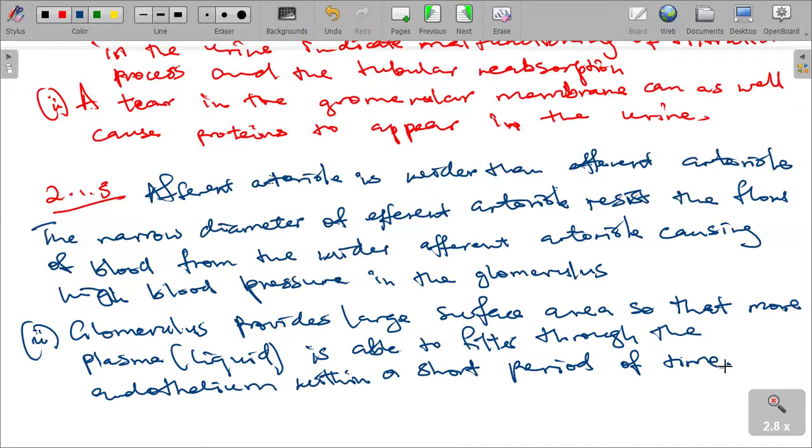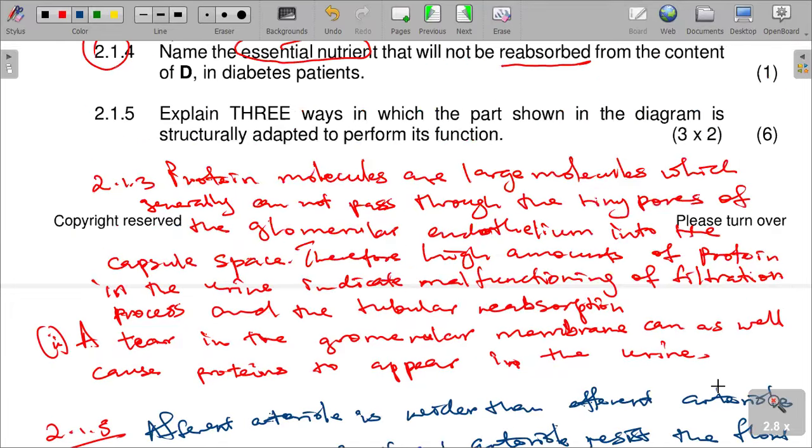So that is how this question must be answered. Don't forget that the question is saying, ways in which the part shown in the diagram is structurally adapted to perform its function.